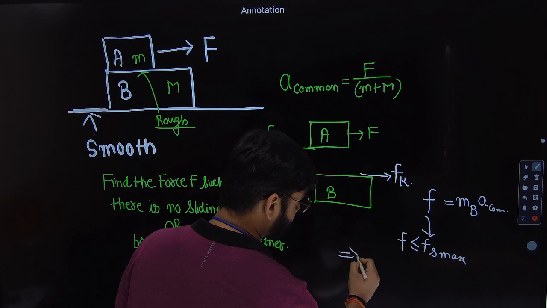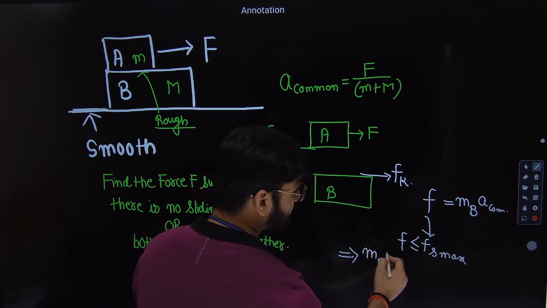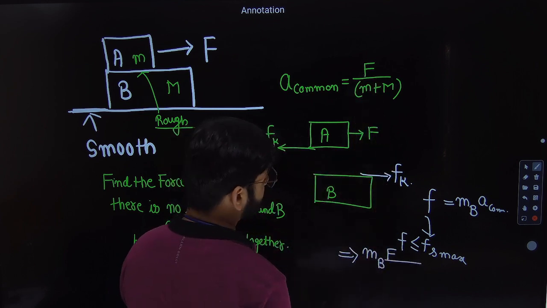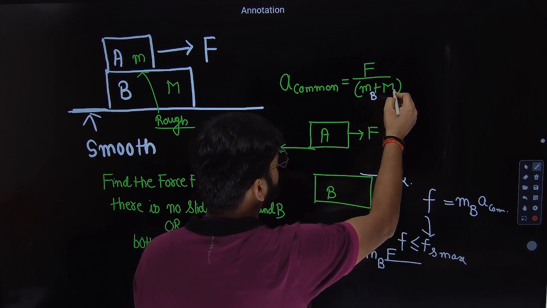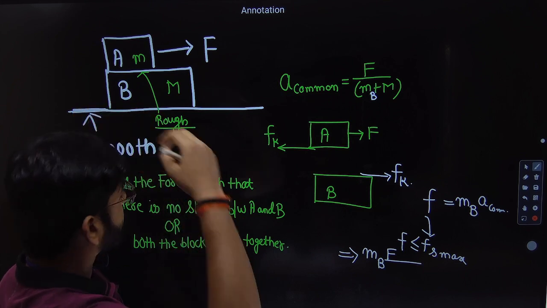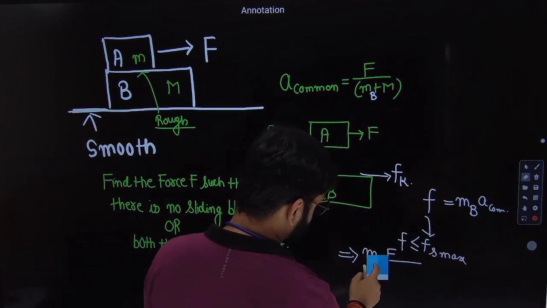Now, what is the common acceleration? We found, right? F divided by the masses. So we are taking small m and capital M. I will write M_B and M_A. Did I write it the wrong way? Mass is capital M and small m.